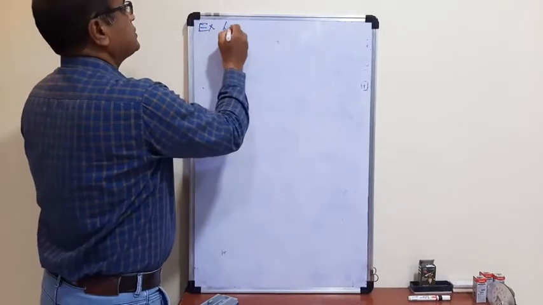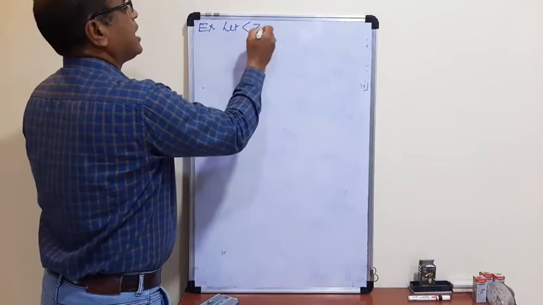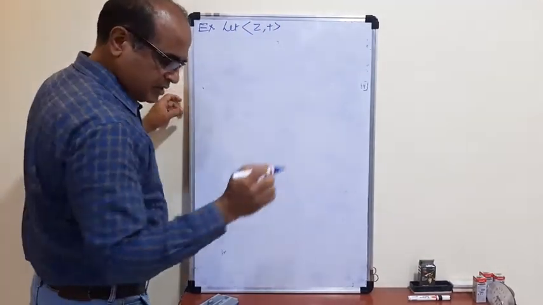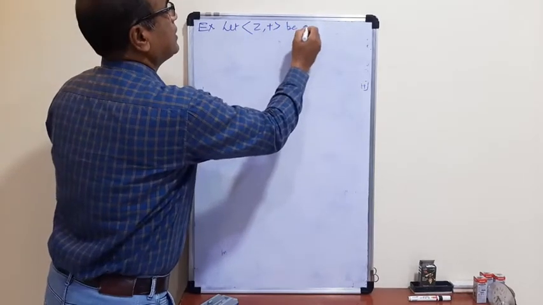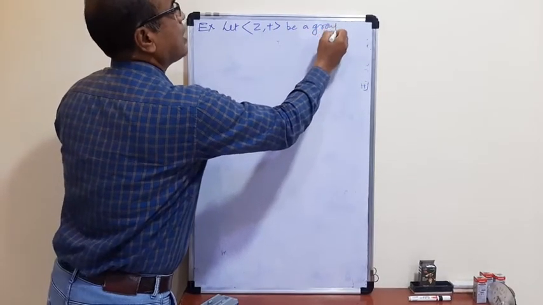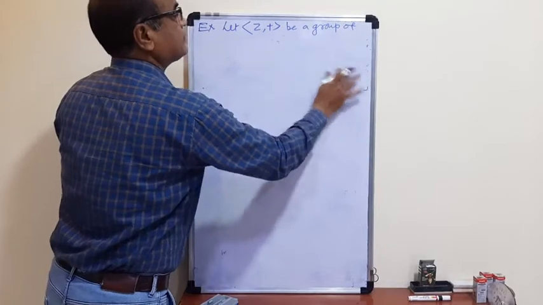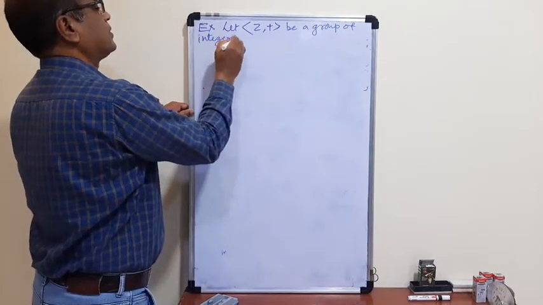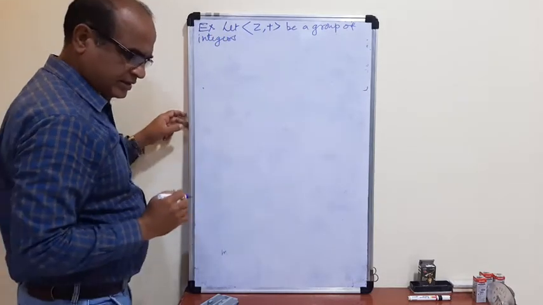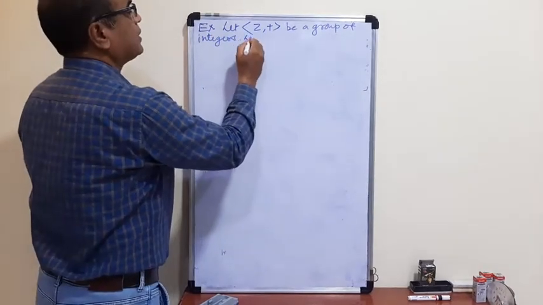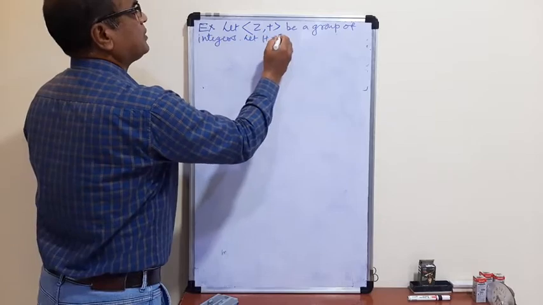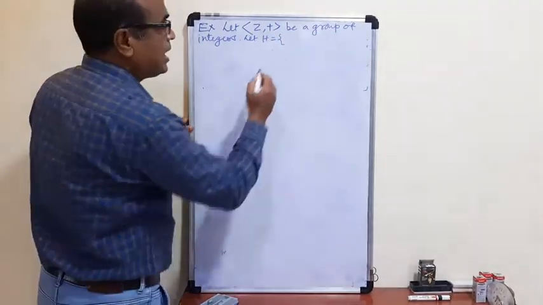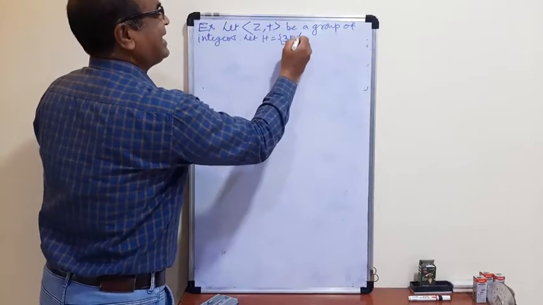Let (Z, +), where plus is the binary operation and Z is the set of integers, be a group. Let H be the subgroup of Z defined by 3n.